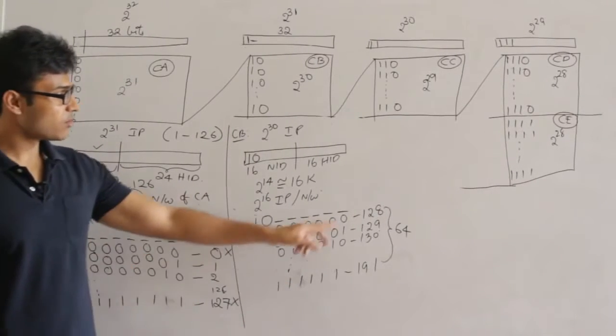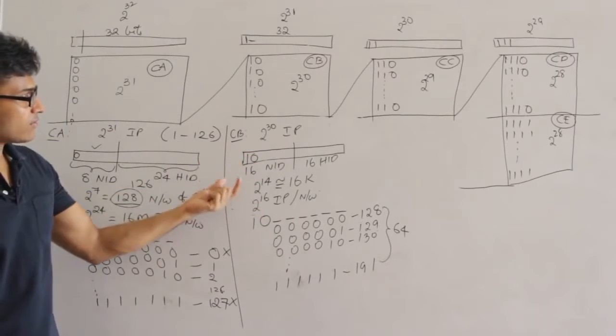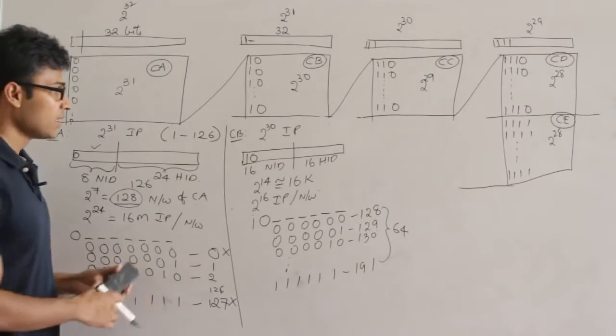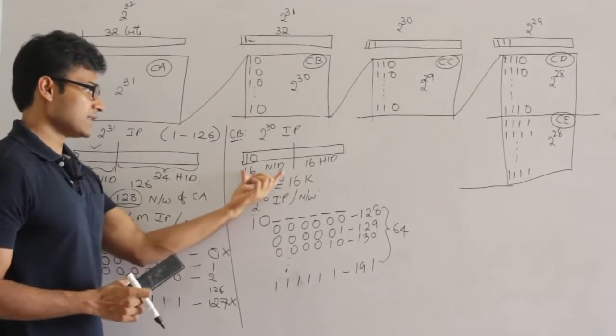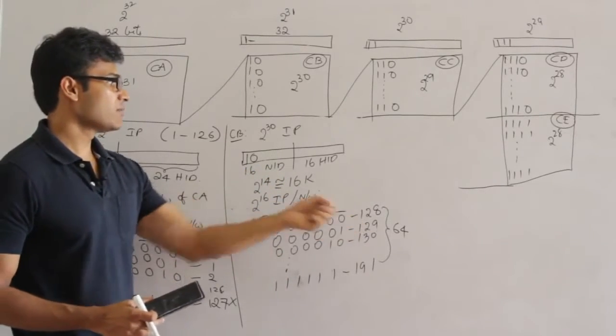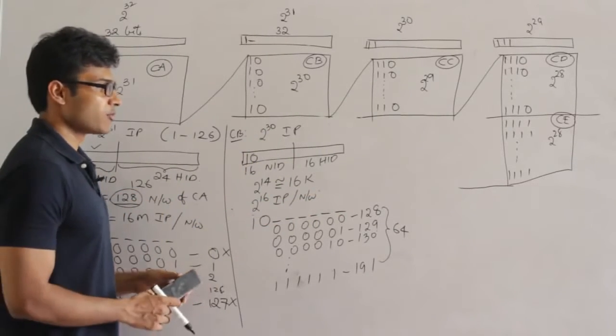We got only 64 numbers because we have examined only the first octet. The total network ID part of class B is 16 bits, but I have shown you only 8 bits here. Using 8 bits I got 64 numbers, and 8 more bits are remaining.